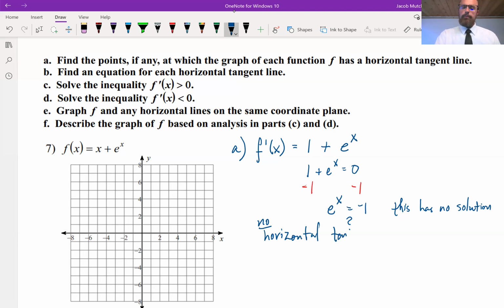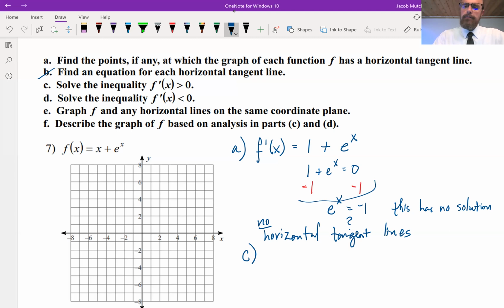And so when we look at the other parts, part B is not applicable. We could deal with part C, because really that's every value of x. Part C says when are the slopes of the tangent lines greater than 0? They always have to be greater than 0.